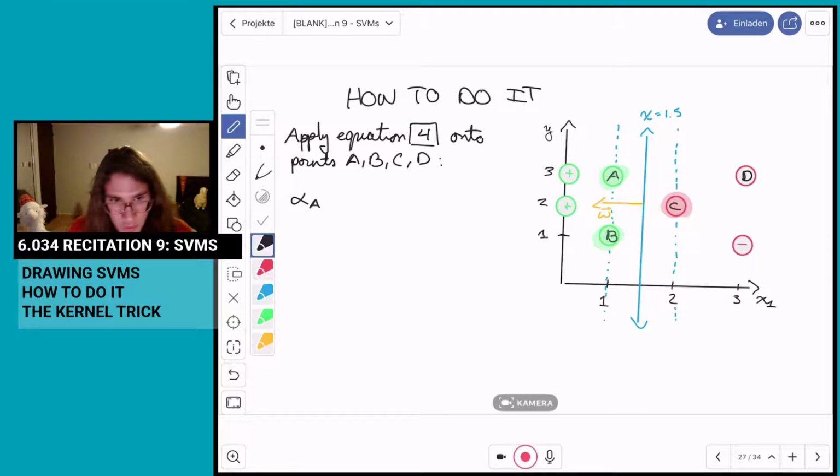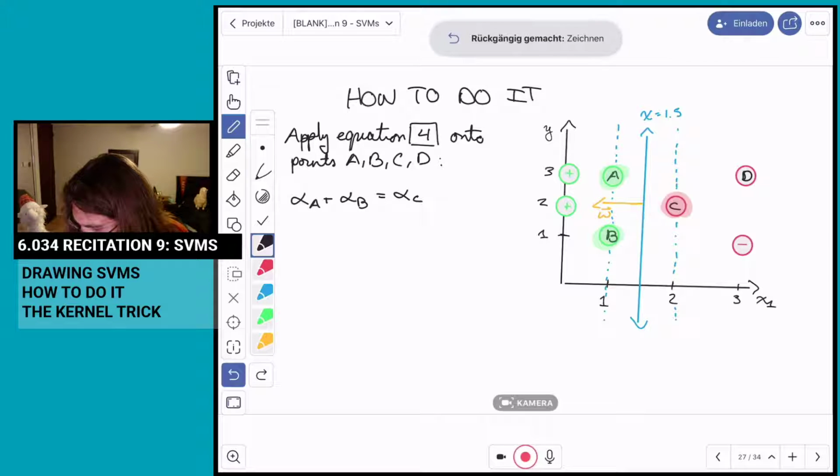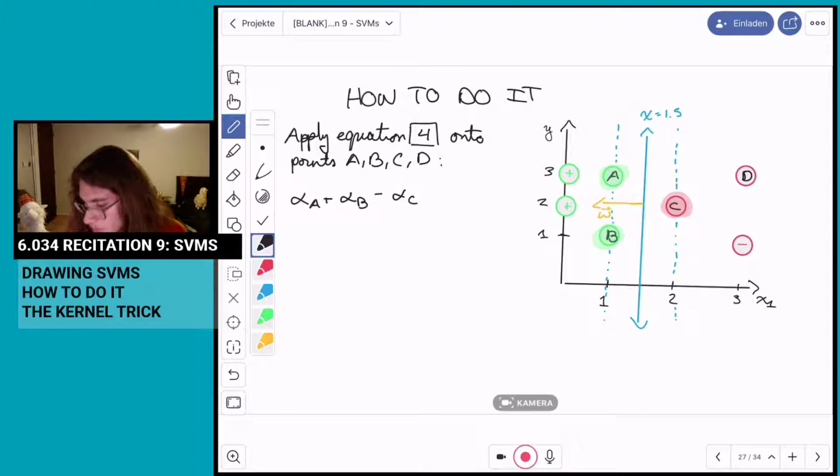So equation 2 says alpha A plus alpha B minus alpha C, because I'm multiplying by -1.